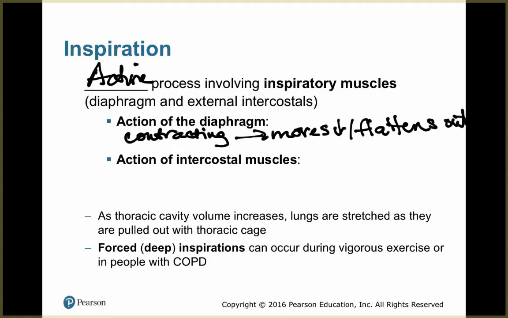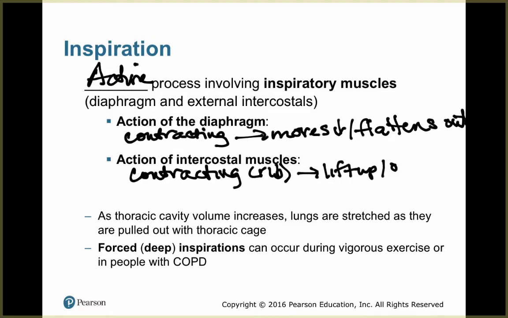The intercostal muscles also contract, and these are the ones that you find on the rib cage, right? And these essentially lift up and out. So basically, both of these, due to their action, result in an increase in thoracic volume.